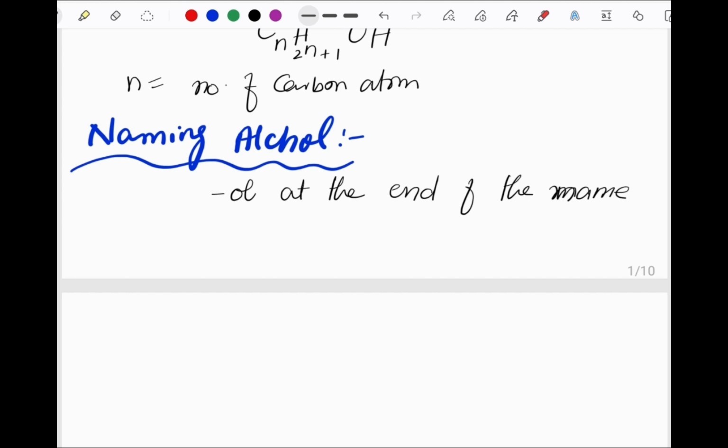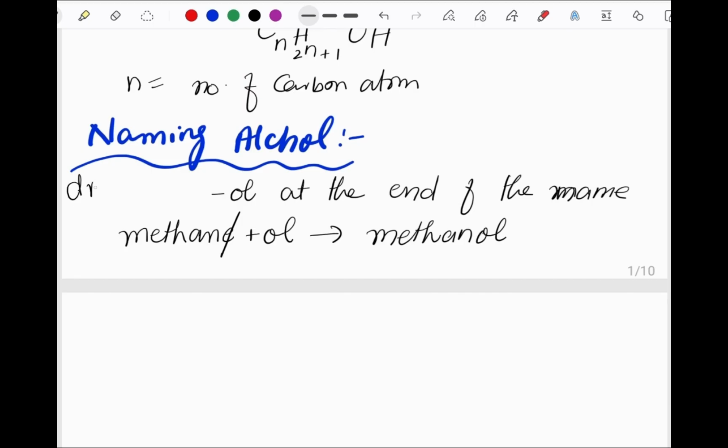For example, if I have methane, I will drop the E and I will add OL. So the name would be methanol. So drop E and add OL at the end of the name.